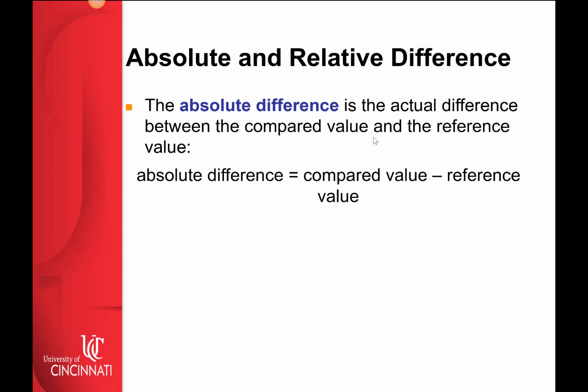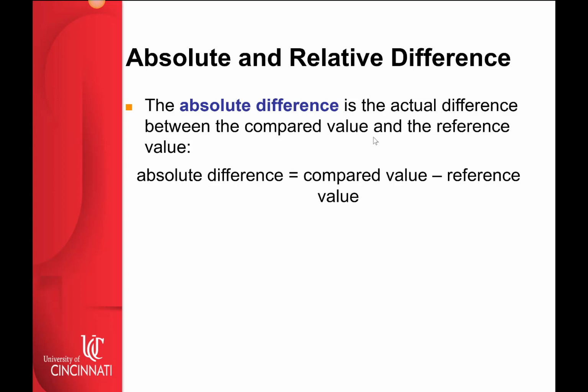Where the relative difference is important is it allows you to put it in perspective to where you started. If you started at $2.99 and increased it by $3, that's a big jump. If you started at $1 million and raised it by $3, that's nothing. So that's why it's important to have relative differences.